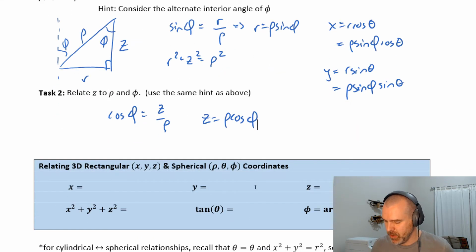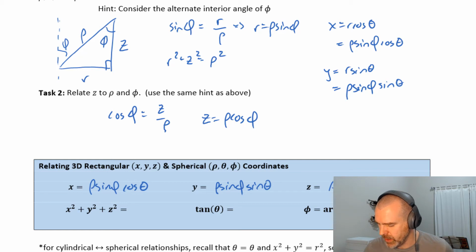So down below, we have x is equal to rho sine phi cosine theta, and y is equal to rho sine phi sine theta, and z is equal to rho cosine phi. x squared plus y squared plus z squared is rho squared.